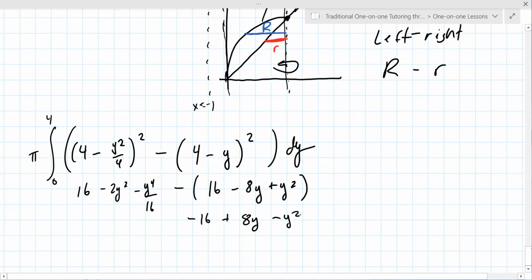How do you do y squared over 4 times y squared over 4? It just becomes 2y squared over 16. You have to add the exponents because the bases are the same, and then you just multiply the bottoms.